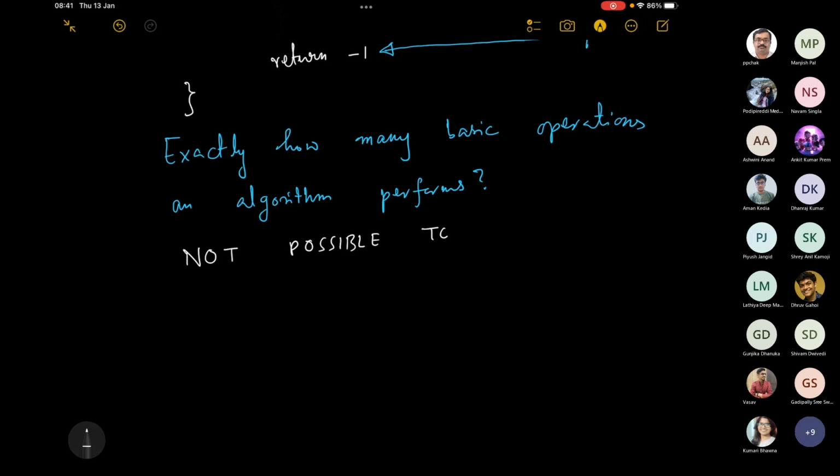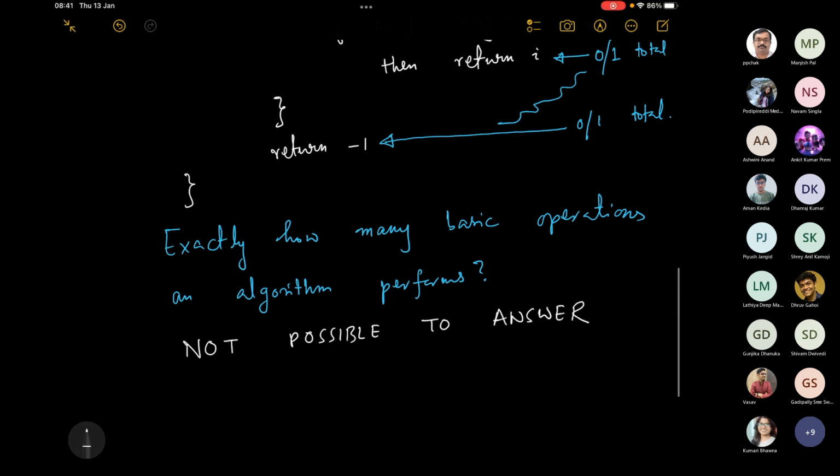We can't tell exactly, sir. How can I tell? Look at the poor girl or boy who was trying to tell me that it will depend on the number of iterations and got a scolding from me. But if you are asking me to give one number, that is not possible, because it depends on the number of iterations.